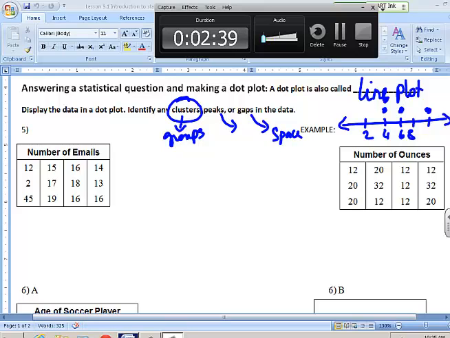So let's go ahead and do number 1. If you notice in number 1, it says number of emails, and there is a variety or a range of numbers here. I want to bring it to your attention that there is a 2 and there's a 45. Now this is a huge gap. Usually it's not so, but in this case it becomes huge.